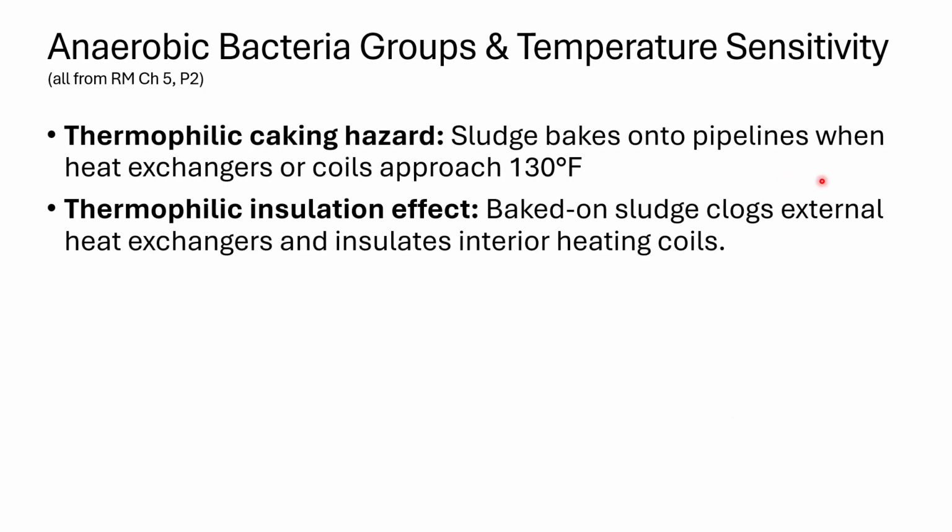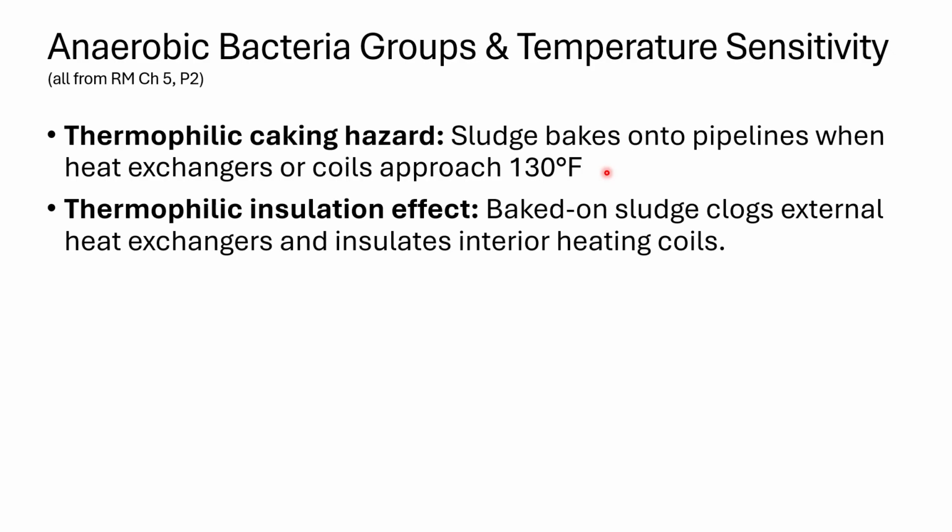A couple of other things with the thermophilic bacteria or microbes. We can have what's called a caking hazard. What that means is sludge will literally bake onto pipelines that are bringing the sludge in when the heat exchangers that we're going to look at in a minute get to 130 degrees Fahrenheit. We're caking up our pipelines, okay?